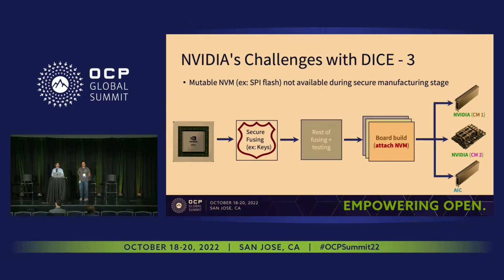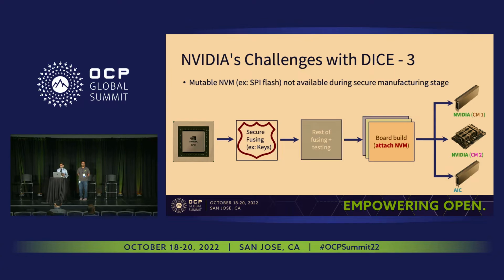The next challenge is that of lack of an internal non-volatile storage on NVIDIA devices. And why is this relevant? It's relevant because typically secure manufacturing is done during the early stages of the manufacturing, and by the time the onboard storage is attached, it's just too late, and those facilities are much harder to secure.